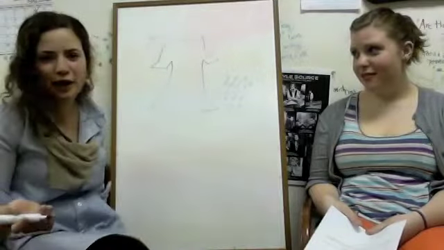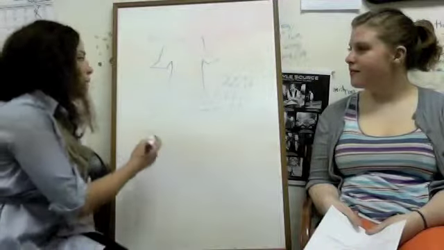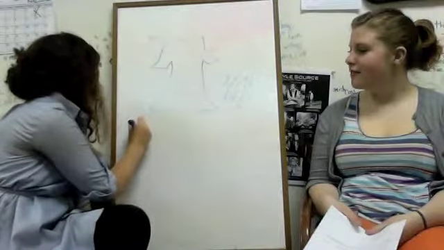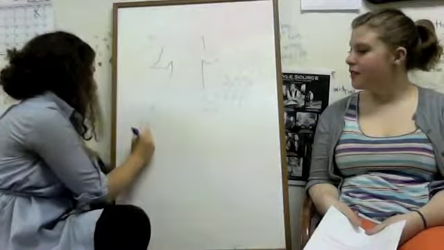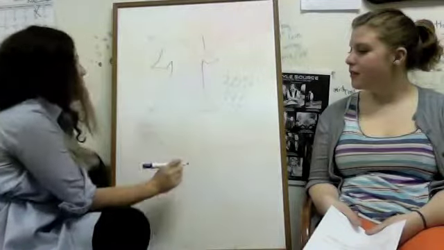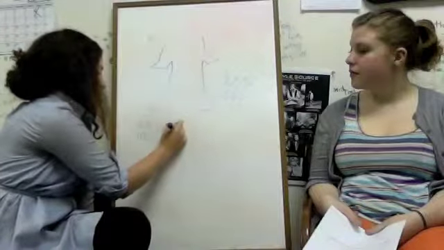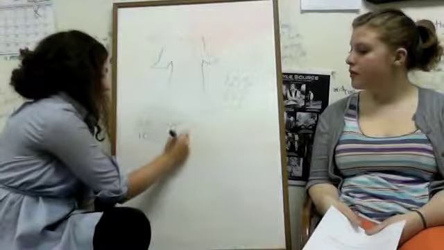So how do you figure that out? What's 20% of 20? 20% is equal to 20 over 100. So what is the equivalent of 20% out of 20?